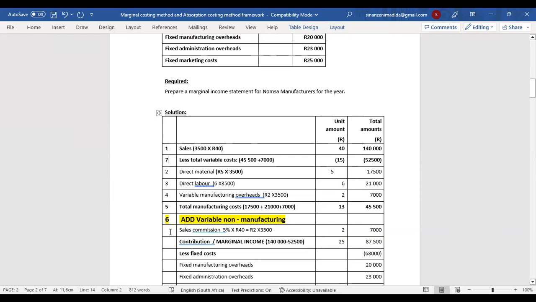After getting our total variable cost, now we can happily come and determine our contribution or the marginal income, which is step number 8. If we get our marginal income, we can proceed to our stage number 9 and 10. In this case, we have got also 11.